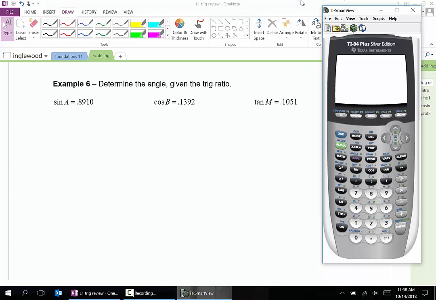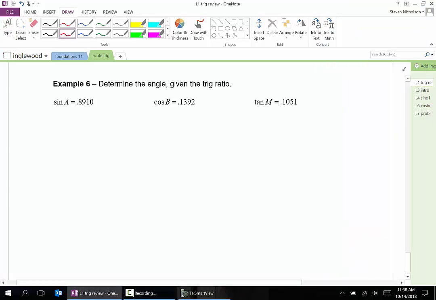When you look at your calculator, you'll see a sine button, cosine, tangent, but above those you'll see sin^-1. These buttons that have the ratio to the -1 are the buttons that tell us angles.